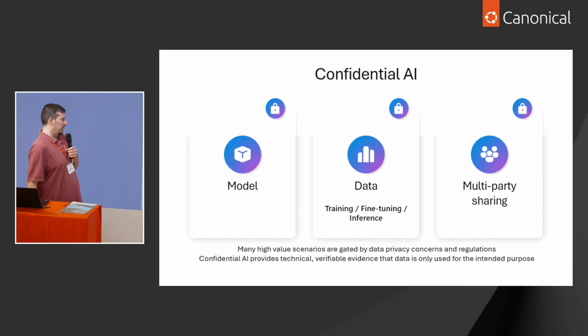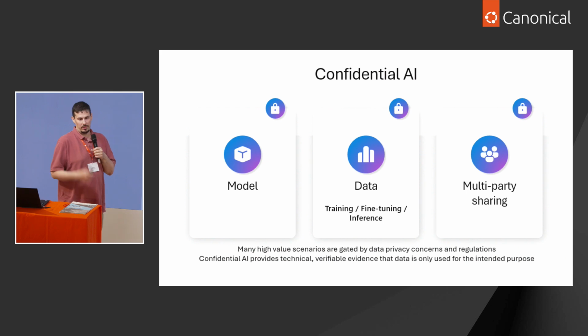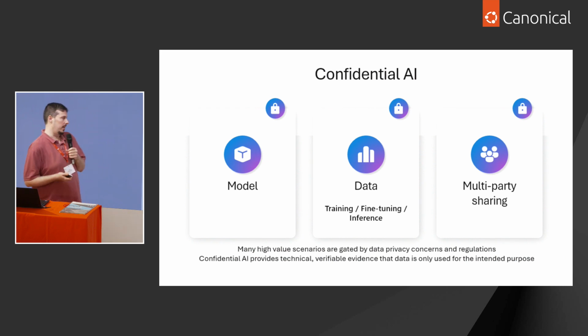So first, to focus on confidential AI, I think everyone realized that, and Mark actually explained it really well in the keynote, that data privacy is one of the biggest barriers of entry and obstacles for AI adoption. If you have your home camera in your house, it would be very useful to have recognition of the people and stuff like that, but it's also very intrusive, right?